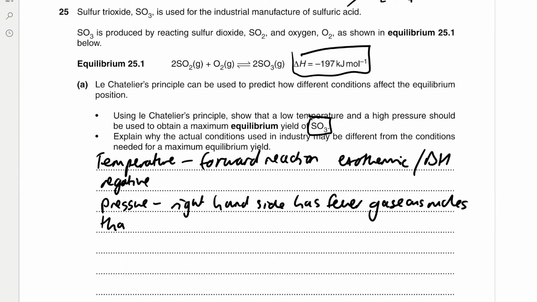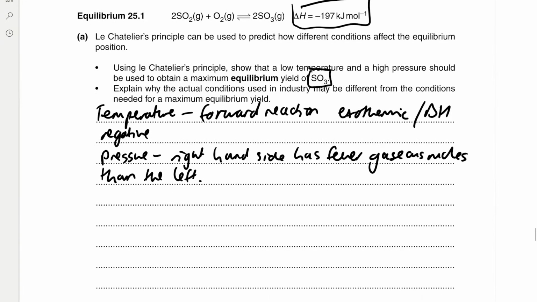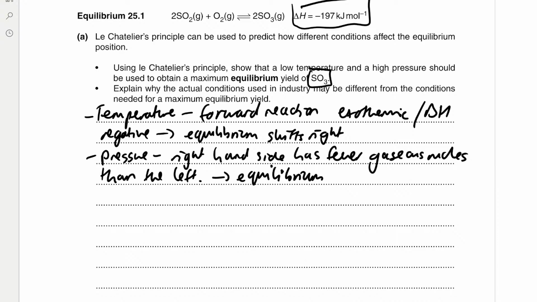It's important you say gaseous moles. So low temperature means the equilibrium shifts right in the exothermic direction, and high pressure means that equilibrium shifts right in the direction of the fewest gaseous molecules.